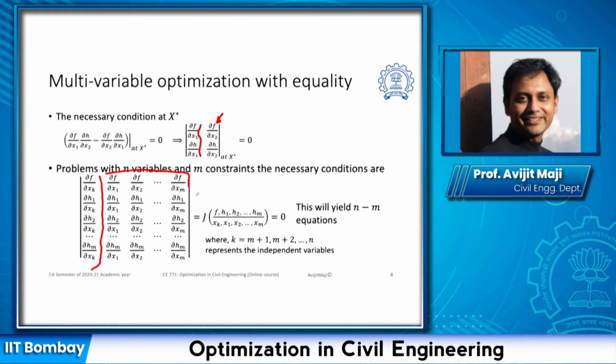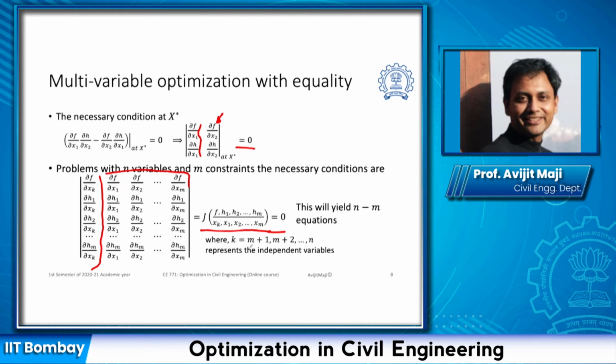So this matrix can be represented in a Jacobian form this way, and as we had said, it is going to be 0, so this Jacobian is going to be 0. As I said, the first column is representing the independent variable.